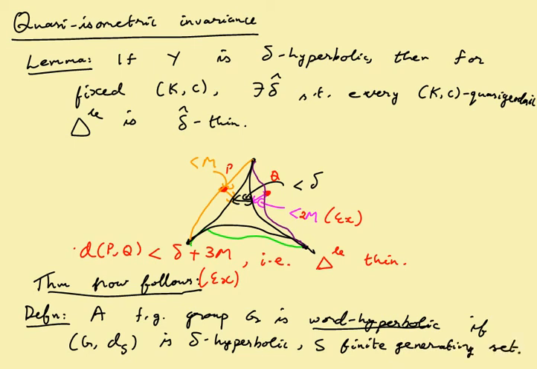Now, a priori, the word metric depends certainly on the finite generating set you have chosen, and so a priori, so does the delta hyperbolicity. But in fact, in practice it doesn't, and that's because of this theorem and what we saw last time, which is that given two different generating sets, the corresponding spaces we get are quasi-isometric.